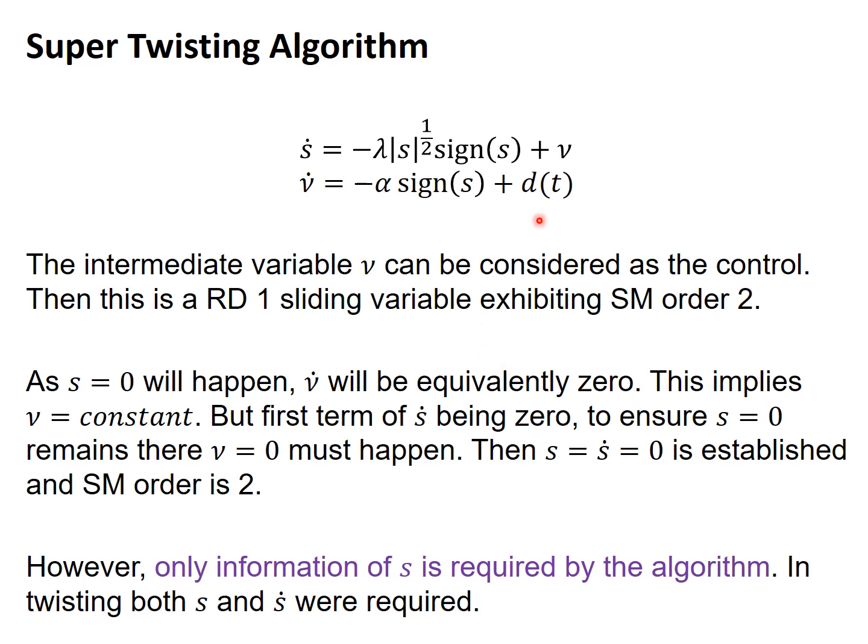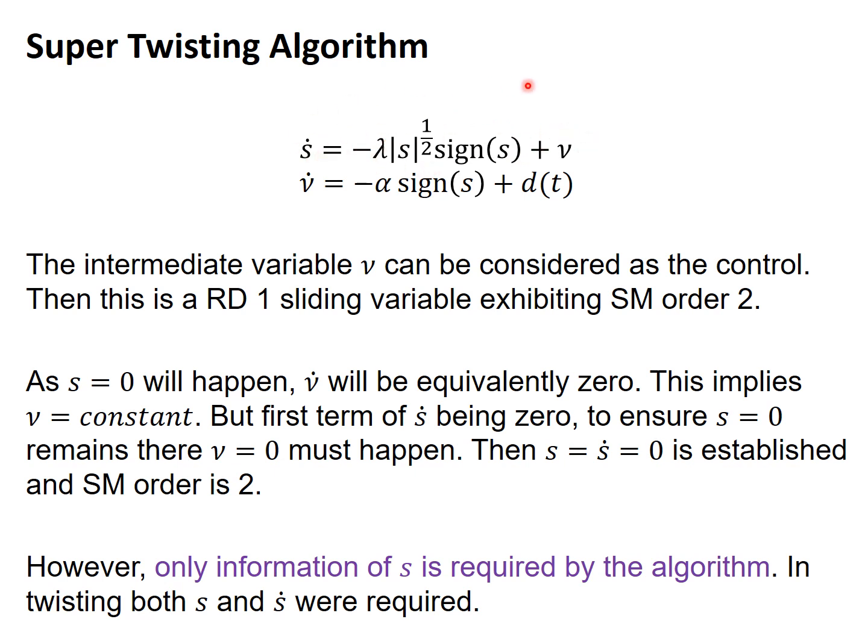This implies that nu is a constant, since nu dot is 0. Now, you analyze this equation where nu is a constant and S is already 0. This part has become 0, since S is 0. So, S dot is a constant.